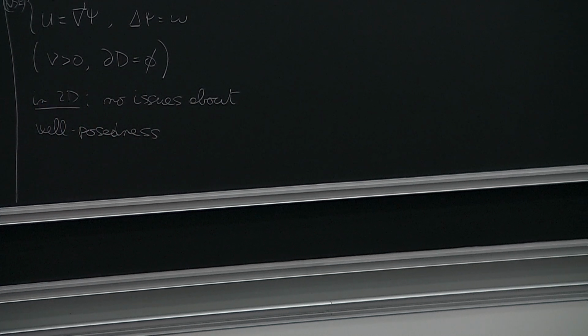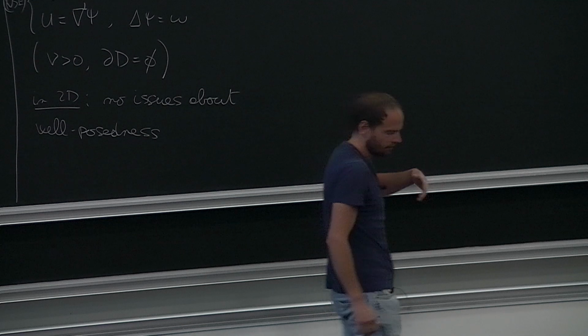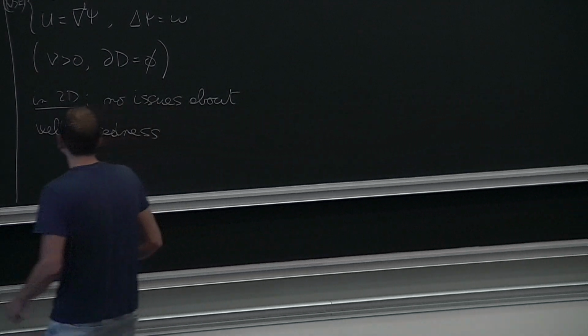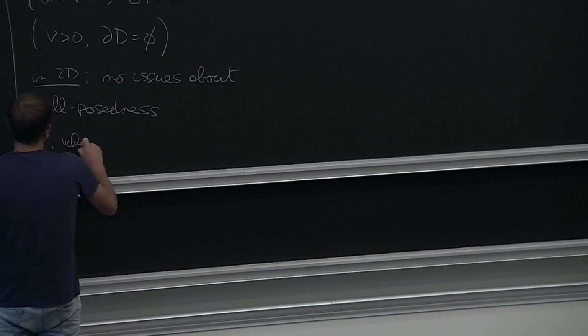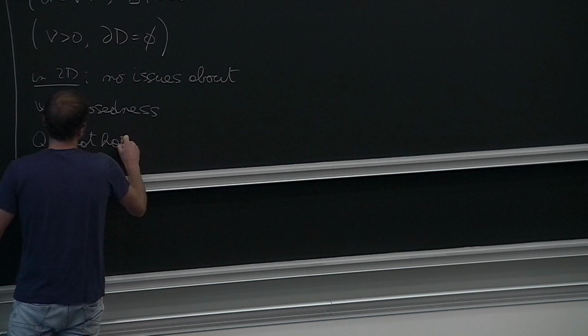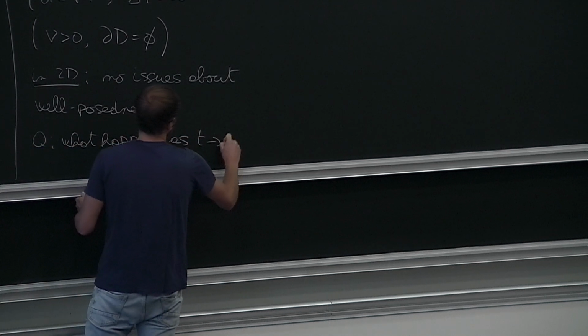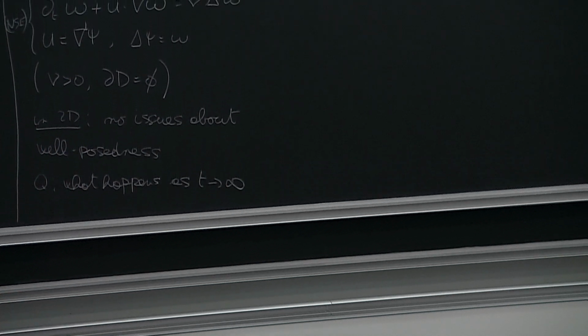Okay, meaning that if you start with a smooth initial datum, you'll have a smooth solution for all times. So the question is really the long-time behavior. Okay, so what happens as t goes to infinity? So that's the question I want to address.